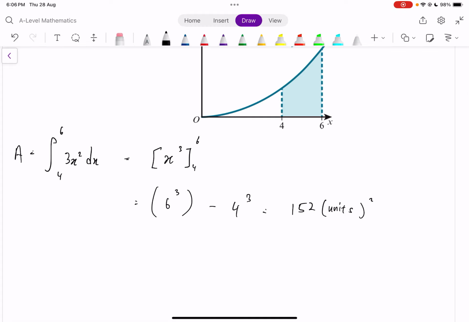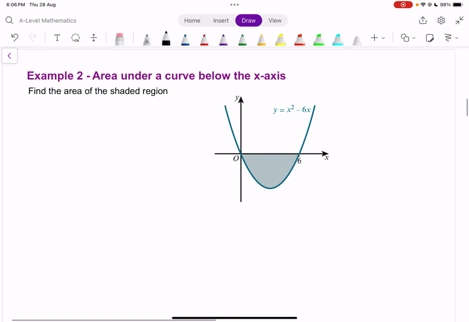Okay, the next one. Now, find the area under the curve. 那我们之前看到的，它全部都是在上面嘛，对不对？What about if it's below? Okay, so let's find out. 如果我们尝试去做 integration of x squared minus 6x when it's 6 and 0.